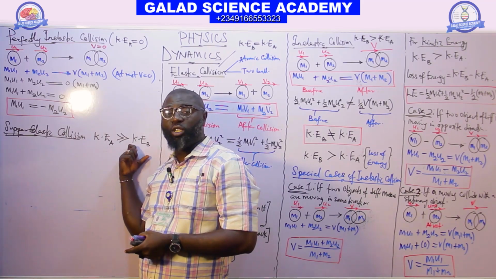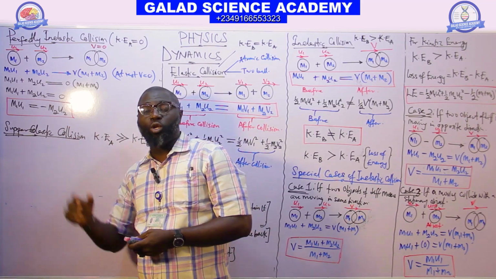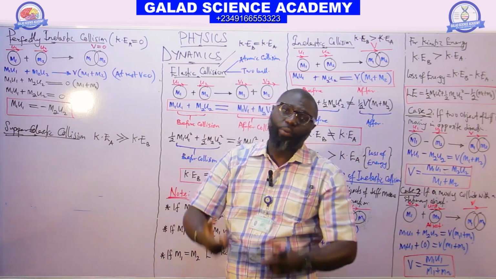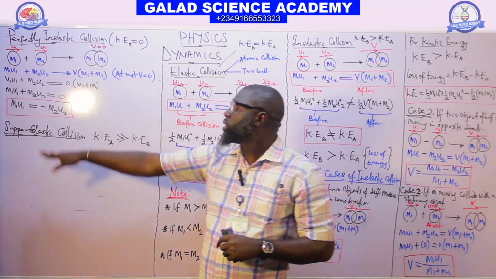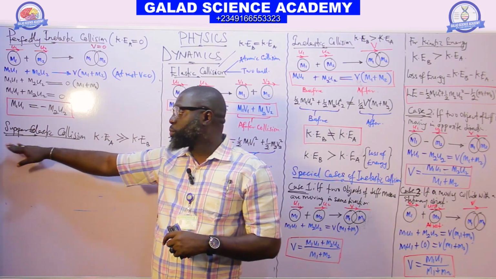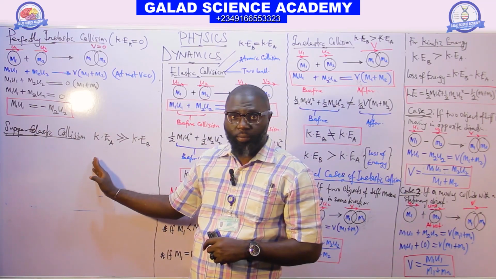So in super elastic collision, the kinetic energy of the body after collision is far, far greater than the kinetic energy before collision. An example of this super elastic collision is the explosion of a bomb. The explosion of an atomic bomb is a good example of super elastic collision.